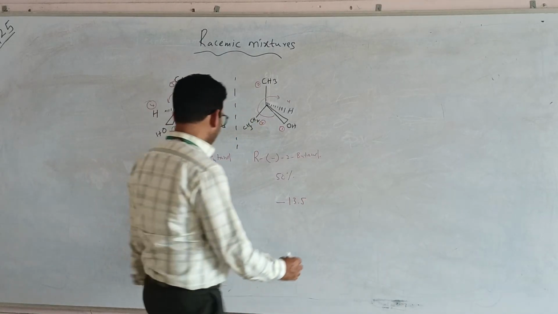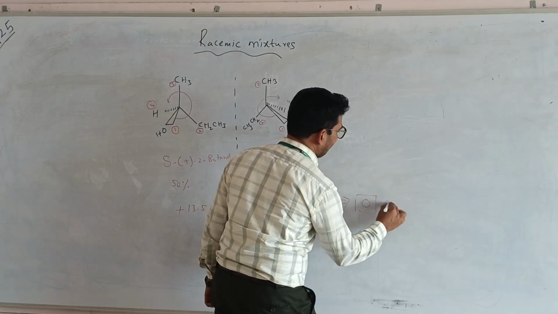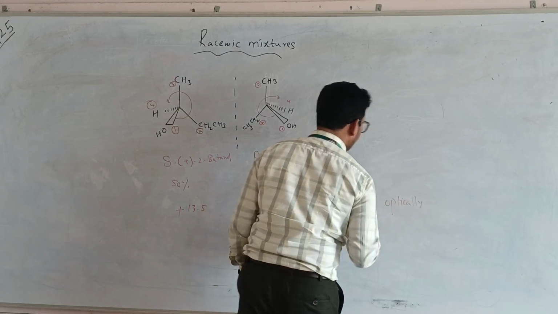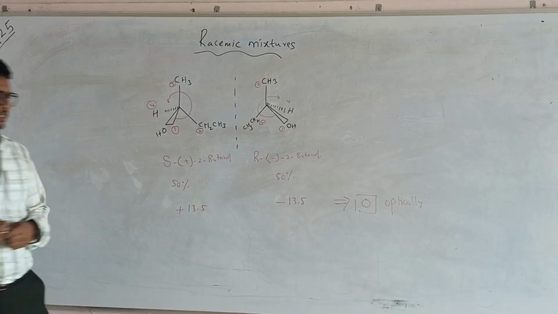Plus 13.5 and minus 13.5 is equal to 0. What is meant by that? Racemic mixtures are optically inactive.